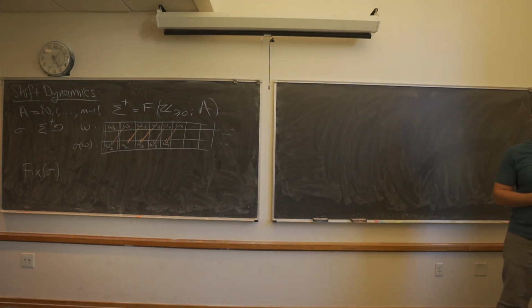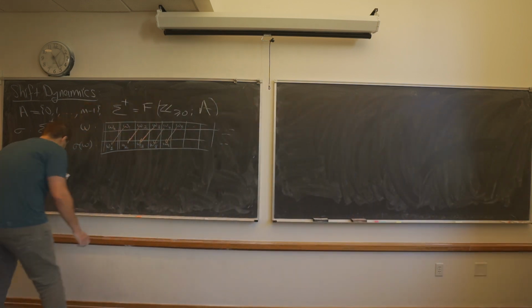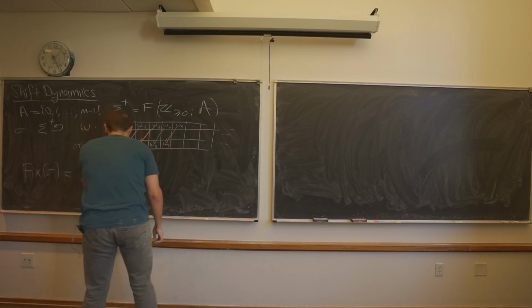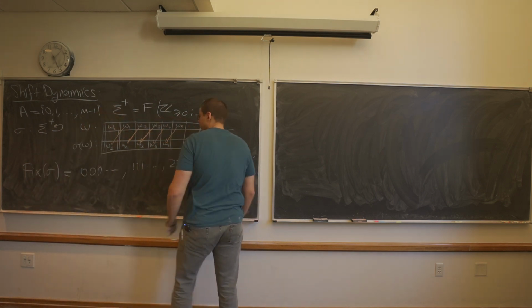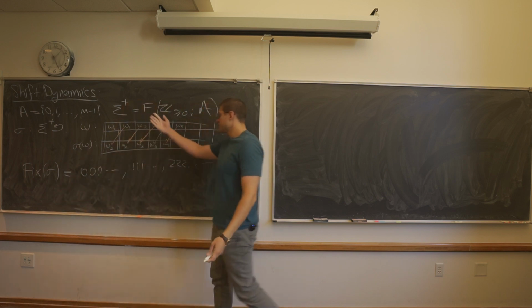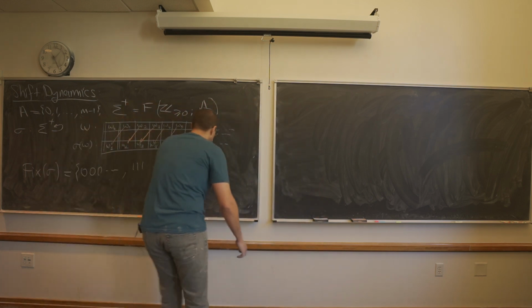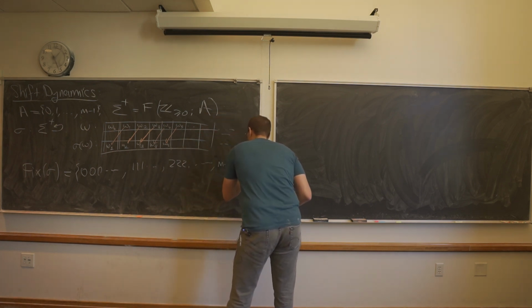Just infinite ones, or for each of the elements of our alphabet, the whole constant sequence. So in total there are how many? m. Oh, m minus 1, m minus 1.